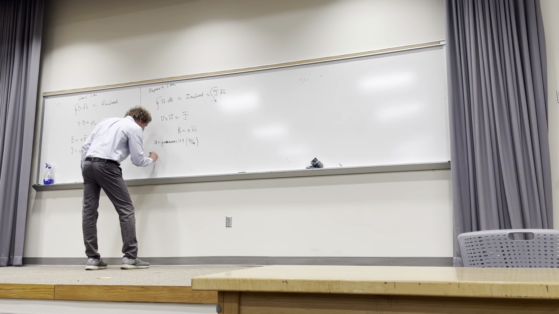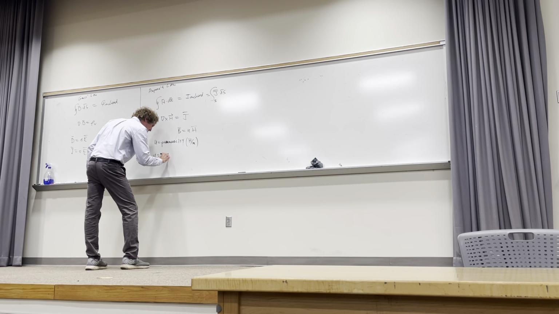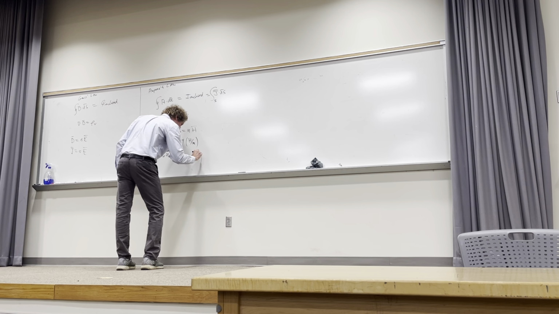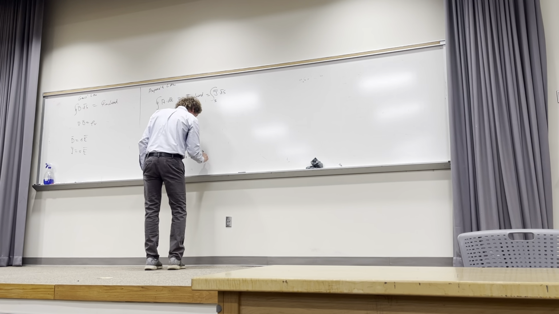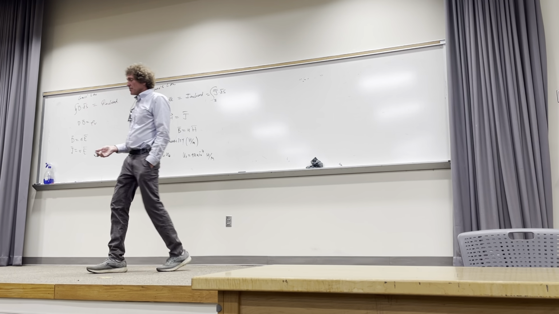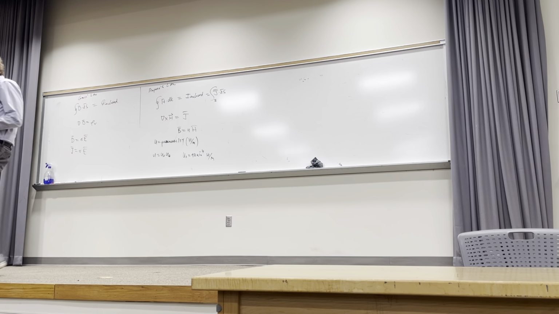And mu typically is given as mu relative times mu naught. And mu naught is 4 pi times 10 to the minus 7 henries per meter. And mu relative has to do with how much better or worse any material is at storing magnetic energy. That's the way I put it. With epsilon, it's how much better or worse material is compared to free space in storing electrostatic energy.